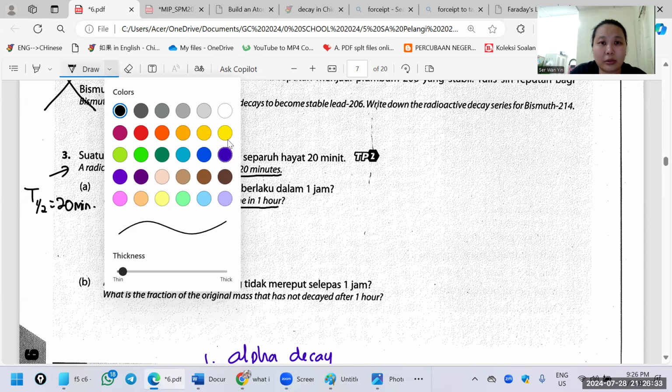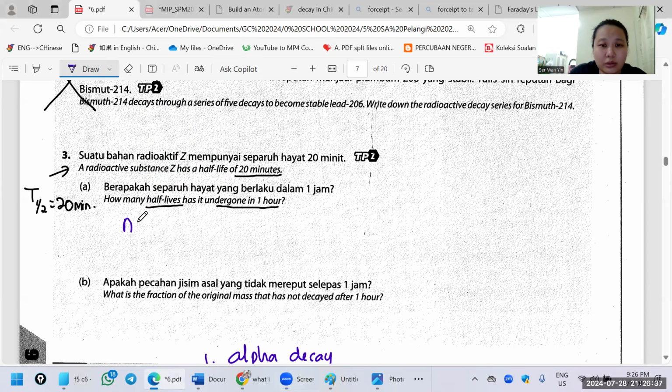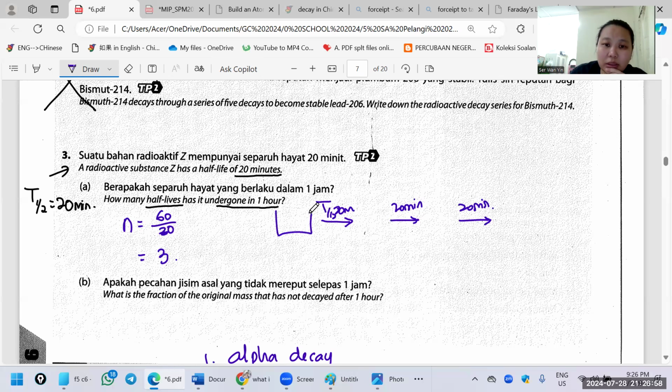Thank you. You can use either 1 hour, 60 minutes divided by 20 minutes, means 3 half-lives, or you can do this: 1 is 20, 20, 20. So you got 3 half-lives. So here original, half, half.